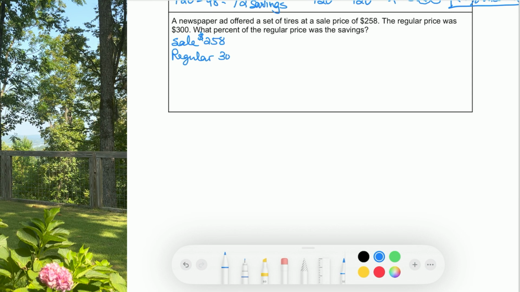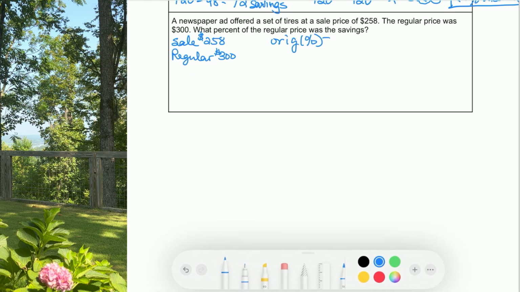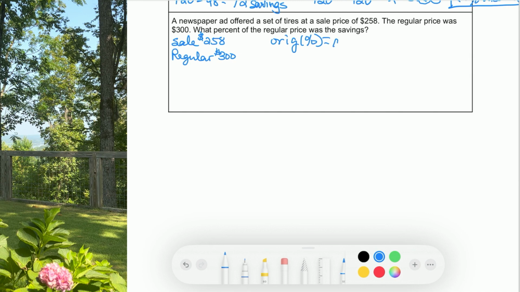So regular, $300. What percent of the regular price was the savings? All right, so we've got original times percent equals discount.